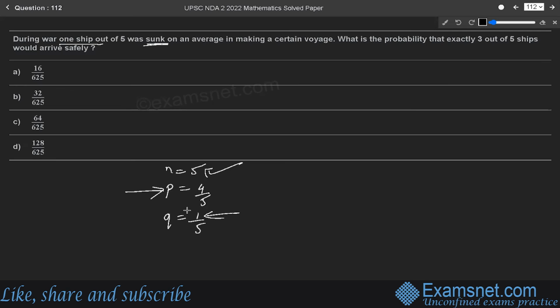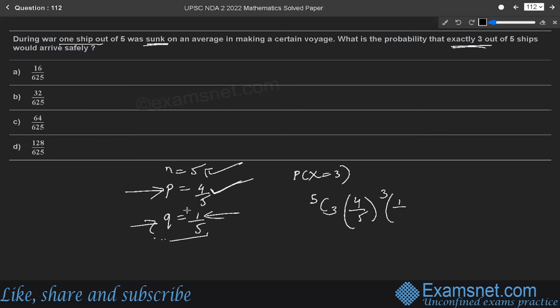Now, the question says exactly 3, means probability of x equal to 3 will be 5C3 because 3 out of 5 ships. And we know that the probability of reaching safely is 4 by 5 to the power 3, and the probability of not reaching safely or getting sunk is 1 by 5, so into 1 by 5 to the power 2.